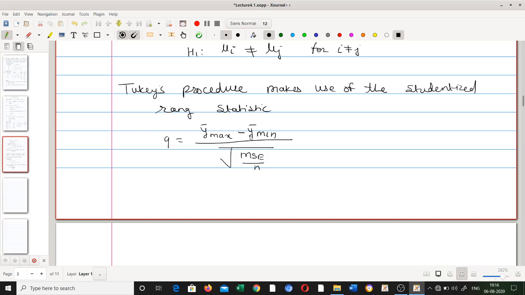In this case, y bar max means the largest treatment mean, and y bar min means the smallest treatment mean. MSE means mean sum of squares due to error, and n means number of observations.